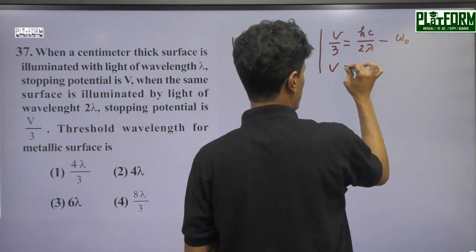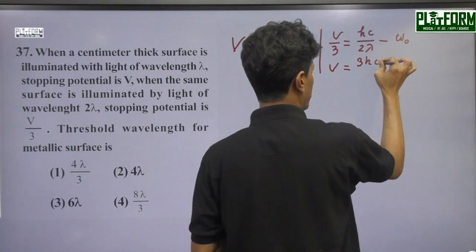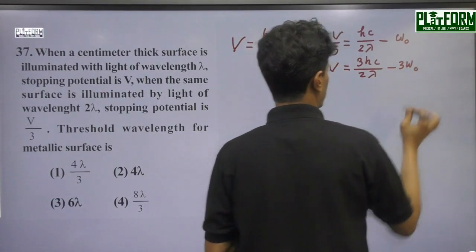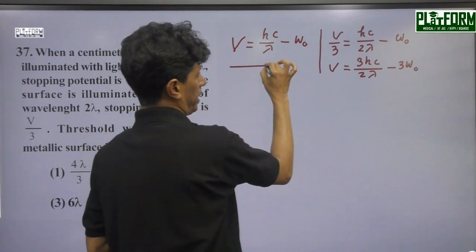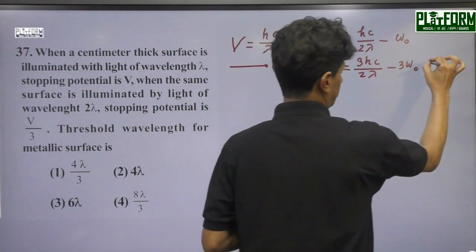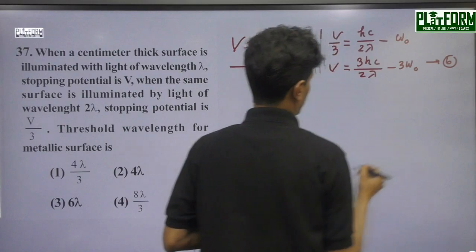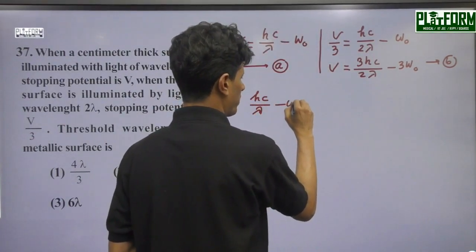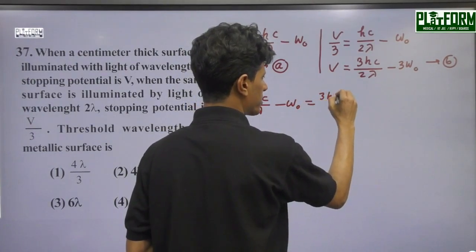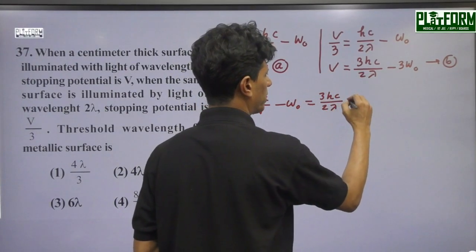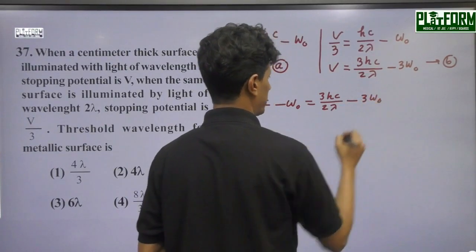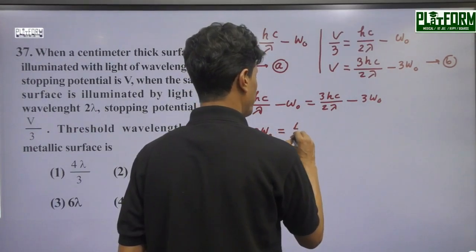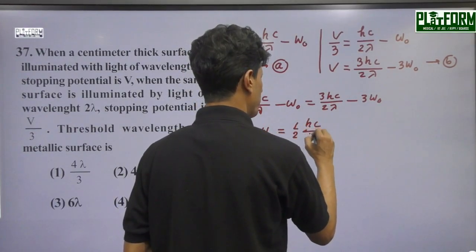We can say V is equal to 3 hc by 2 lambda minus 3 work function. Comparing these two equations, we can write hc by lambda minus work function equal to 3 hc by 2 lambda minus 3 work function. So 2 work function is equal to half hc by lambda.